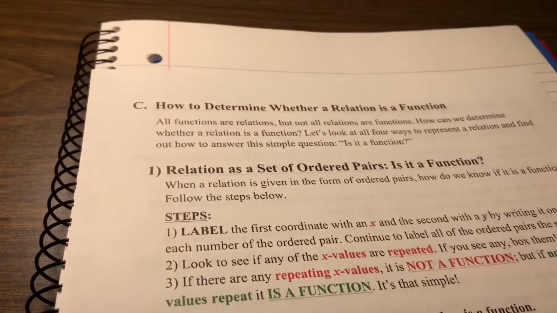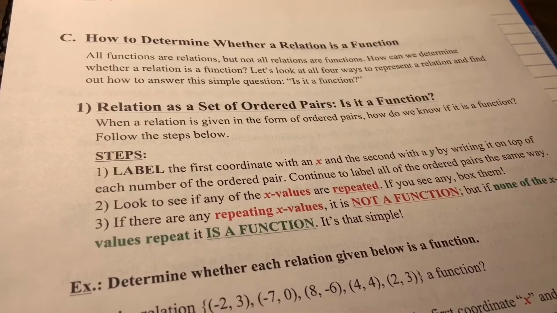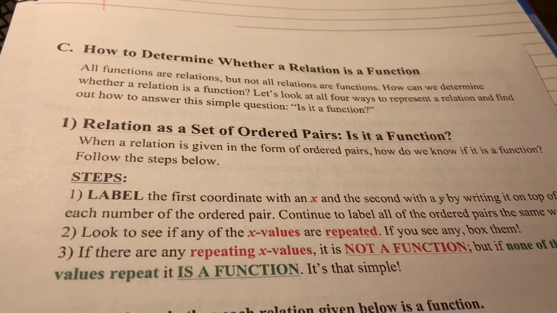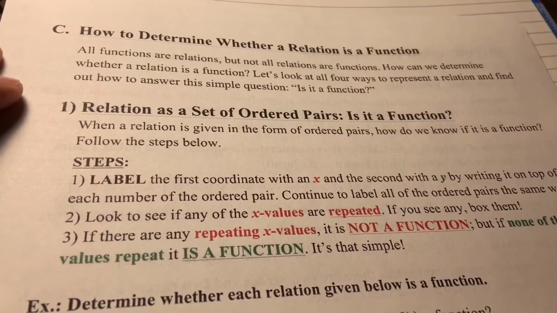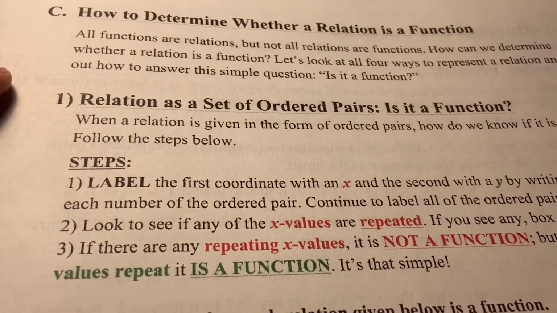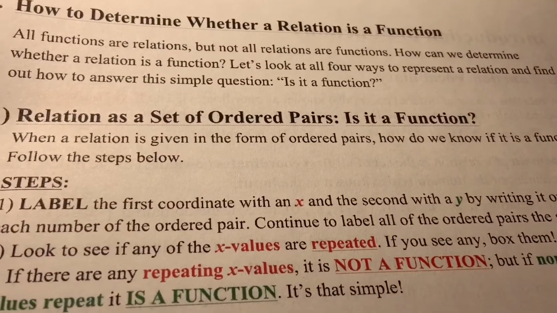Now, how to determine whether a relation is a function. Well, we already talked about this, so this should be very easy for us to catch on to, right? I already gave you some information earlier. Let's see who remembers. So let's read.